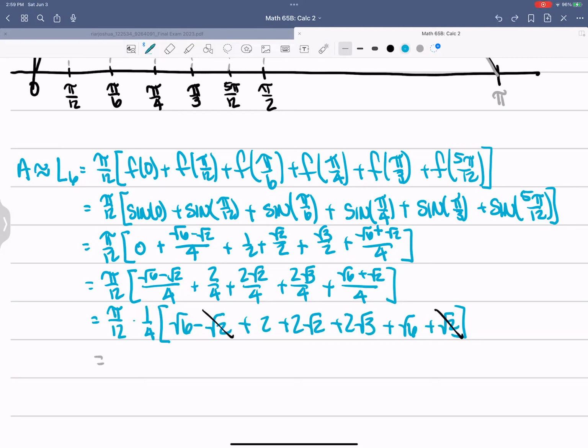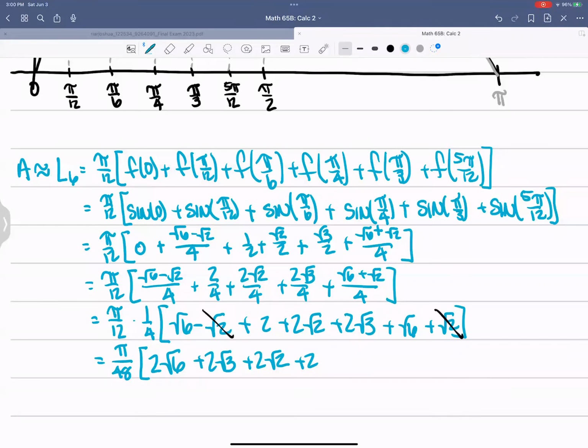So we have pi over 48, and let's start with the root 6s. We have 2 root 6s. Root 3s, we have 2 root 3s. Root 2s, we have 2 root 2s. And whole numbers, just 2.